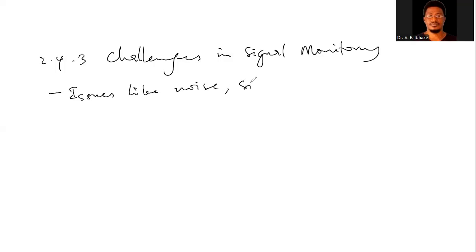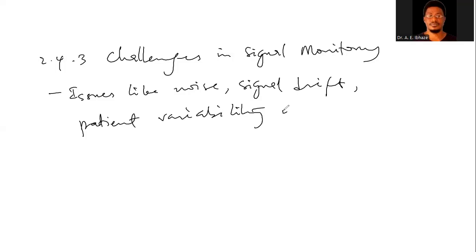We have signal drift. We have patient variability. So you want to make mention of known issues that could impact the monitoring itself, things that could trigger some errors and all of that, or variations.